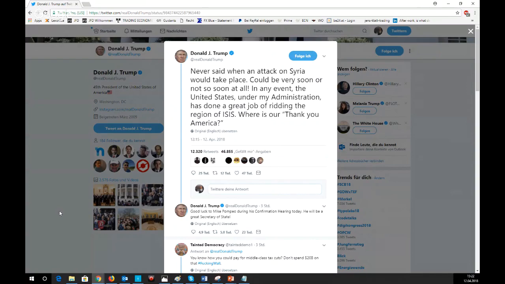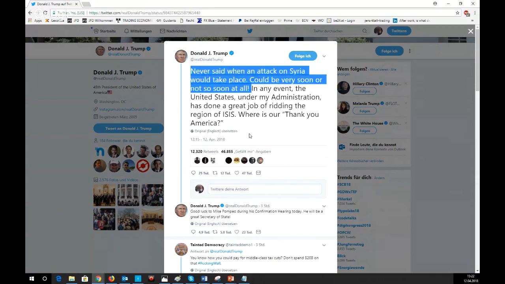So, okay, let's just skip the last part, but let's look at the first thing here. I think this is really interesting because it's already a sign of de-escalation. It seems as if he presented himself in a very aggressive way, the first step was yesterday, and now he's stepping back from his rhetoric of yesterday.